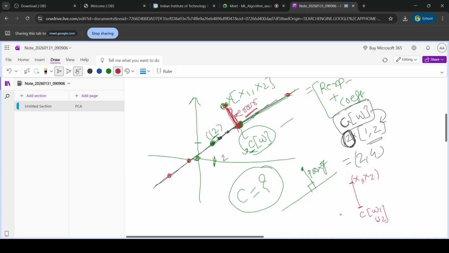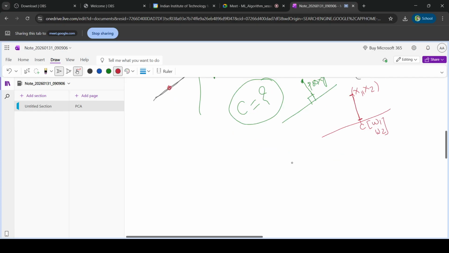Last time we learned the mathematics of how to calculate the length. So this is x1 minus c w1, one coordinate, and the other is x2 minus c times w2.